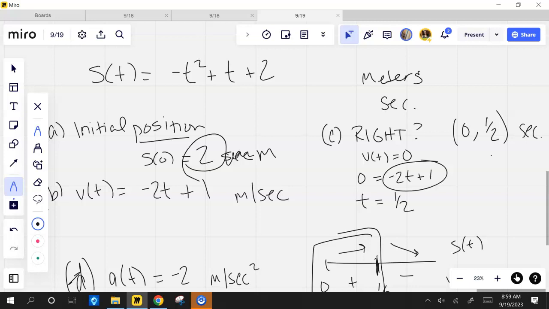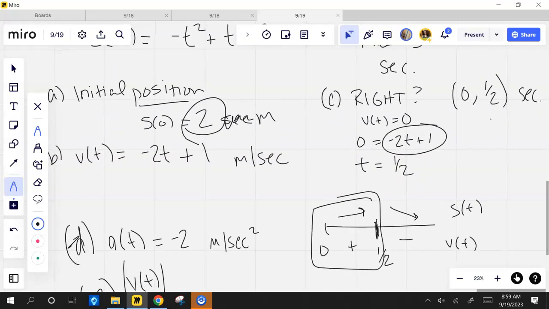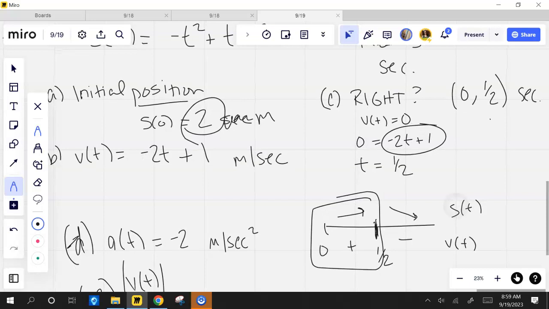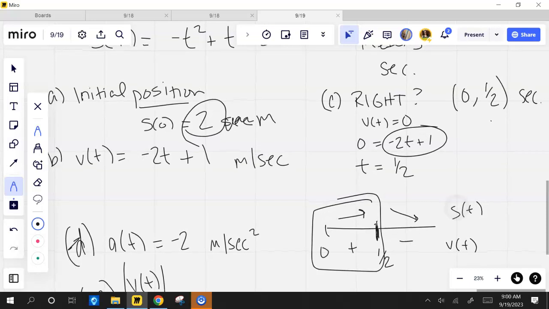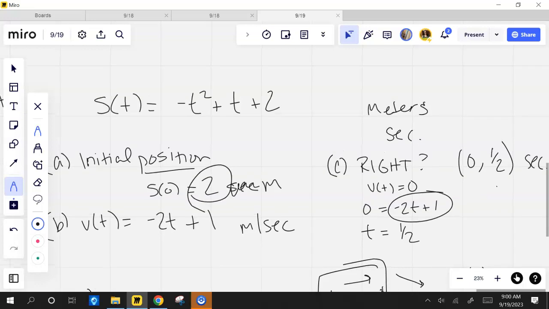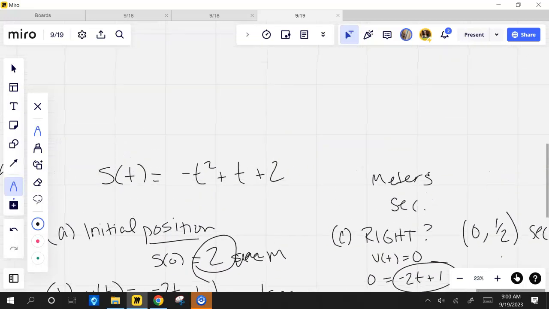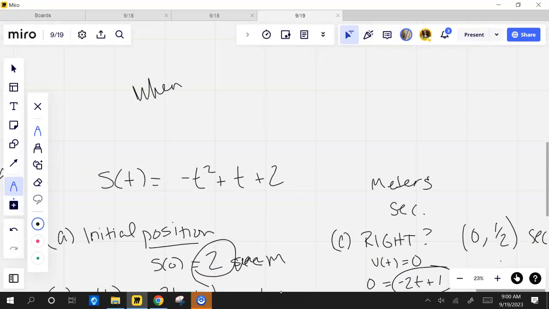We did it wrong, though. It doesn't say at initial position. It says when S of t equals 0. Well, when does S of t equal 0? Not when t is 0, but when S of t is 0. For whatever reason, I think we get the same answer, but that was just a fluke.